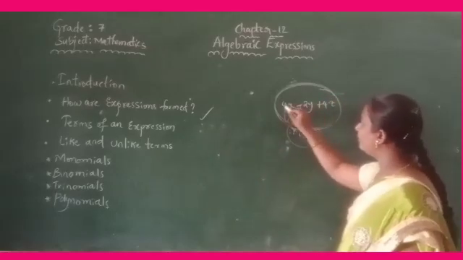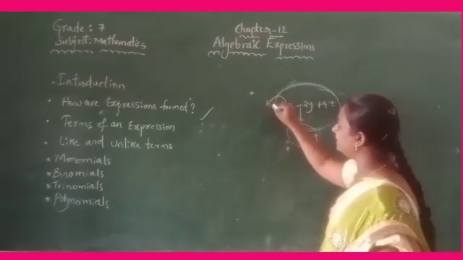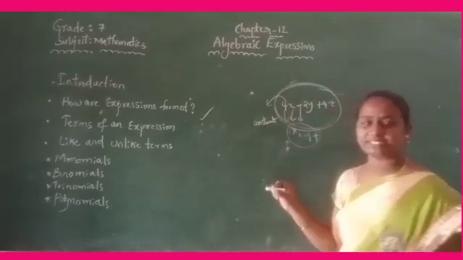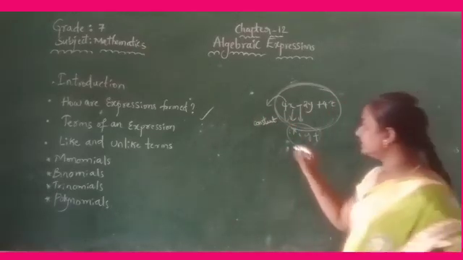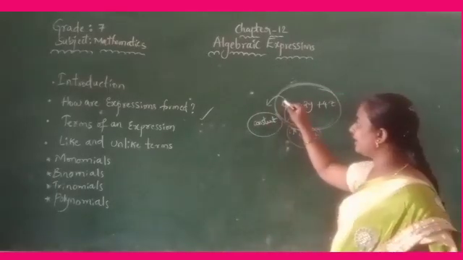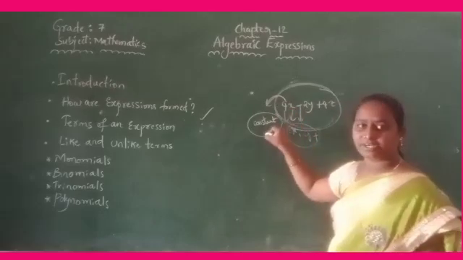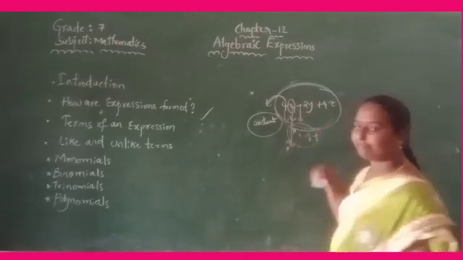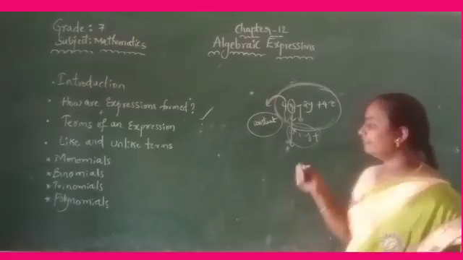Here observe 4x. Here 4 is the constant. What is 4? 4 is the constant. A constant means a symbol having a fixed value. Here x is a symbol having various numerical values.